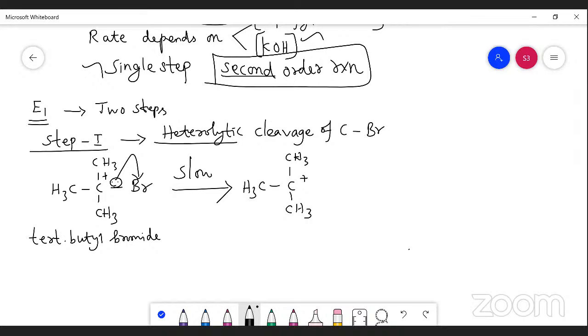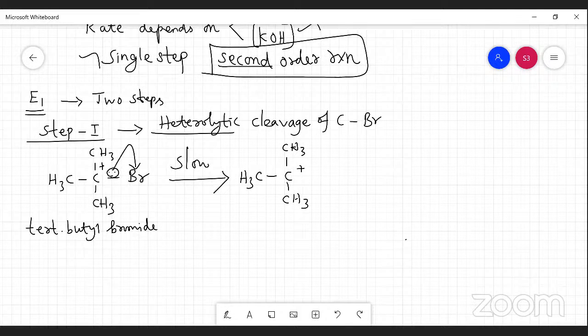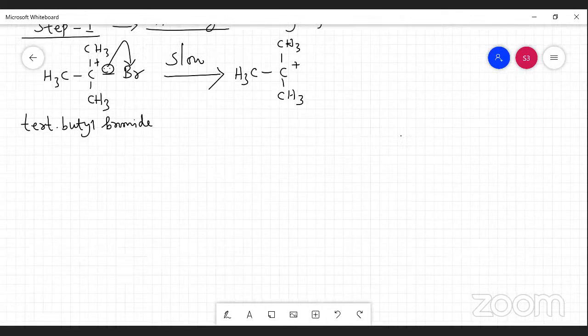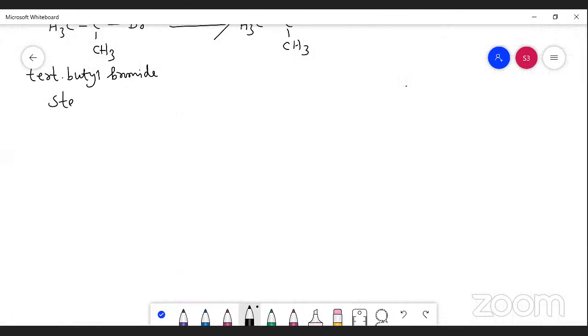So in step 2, what are we going to do? In step 2, now only the attack of the nucleophile takes place.